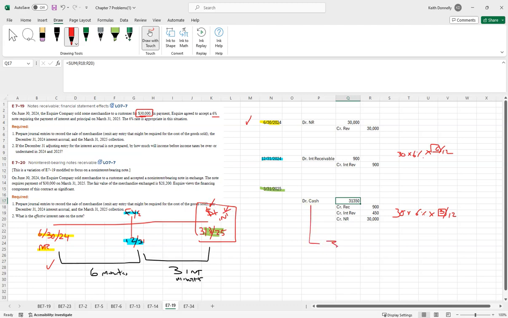So it's going to be the 30 grand they owe us for the face of the note receivable plus the interest. And the interest when they actually pay us is for the entire 9-month period. So that way it would be 30 times 6% times 9 over 12.